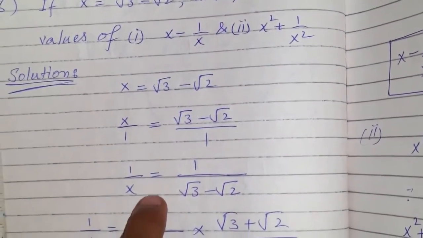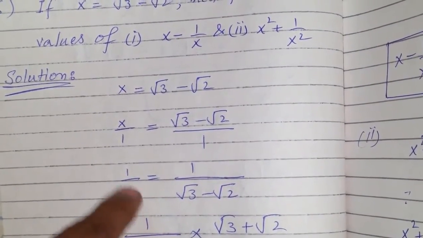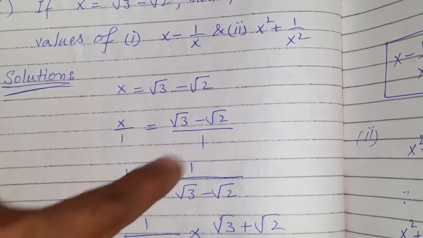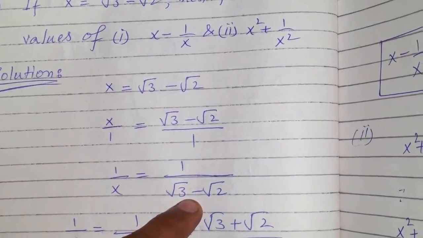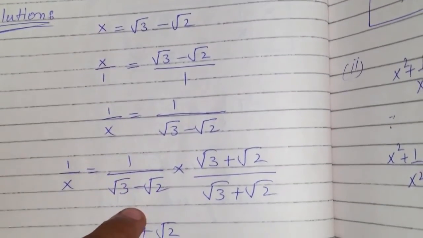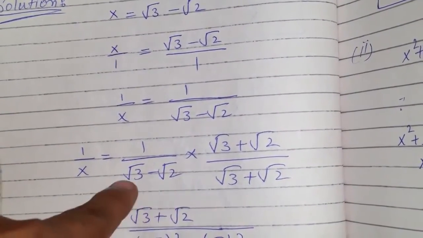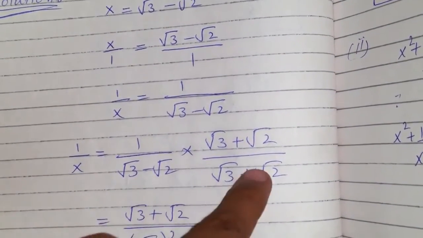Now I can invert these sides, that is, 1 goes up and x goes down, 1 goes up and this whole expression goes down. And now we can rationalize it by using the conjugate surd of the denominator.